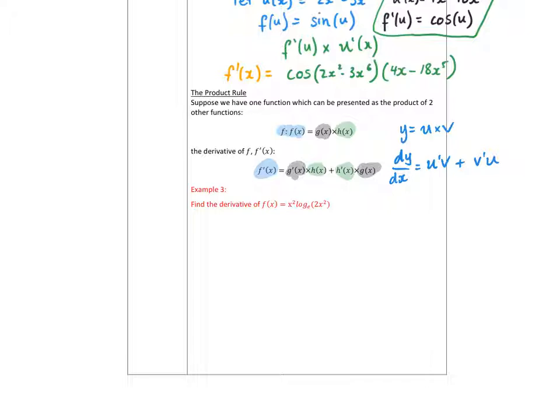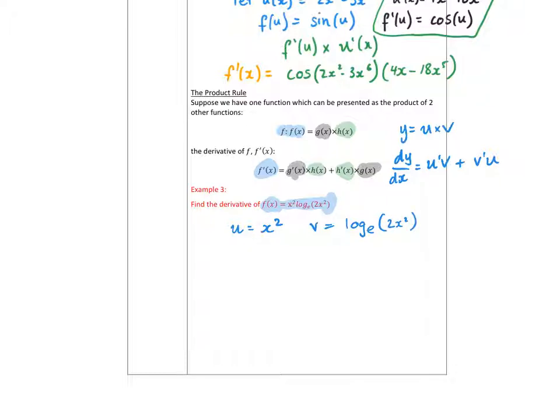So putting that into context, if we're asked to find the derivative of f of x, which is x squared log e 2x squared, we can first think of this as saying, well, let's let u equal x squared, and let's let v equal log e 2x squared.